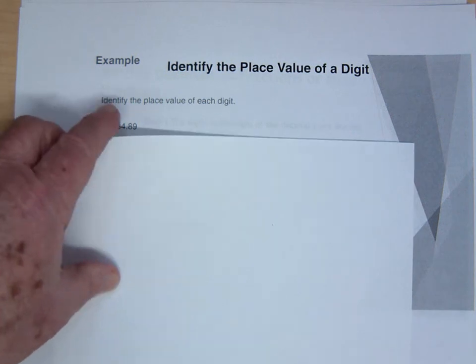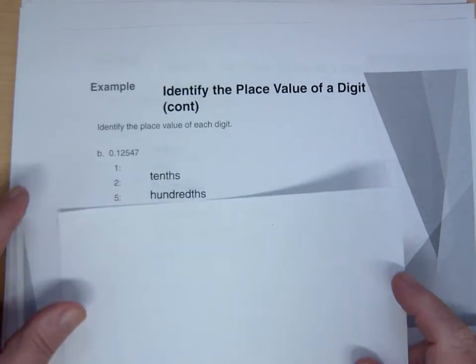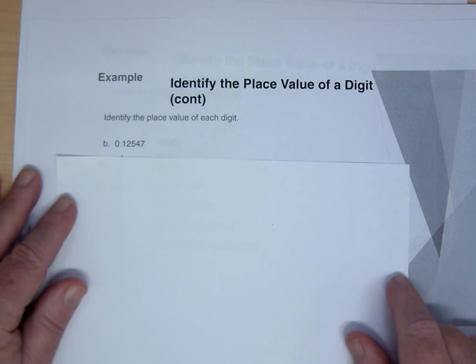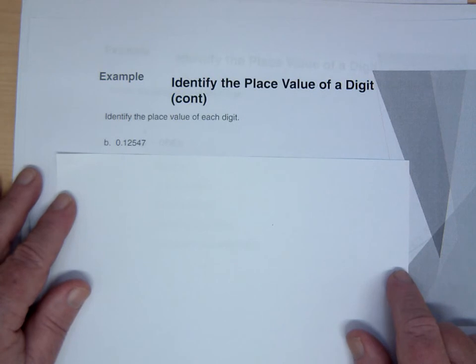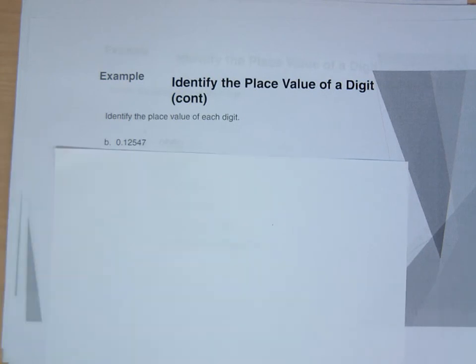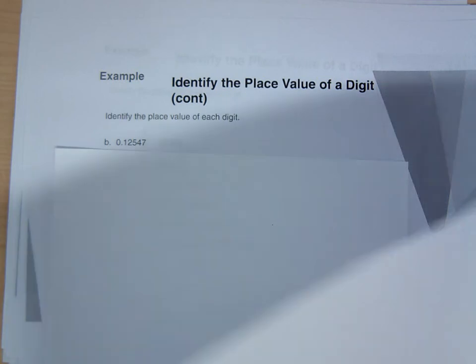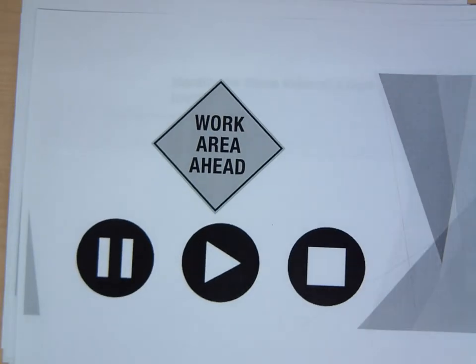Similarly, for this example, we would say that the 1 is in the tenths place, the 2 is in the hundredths place, the 5 is in the thousandths place, the 4 is in the 10,000ths place, and the 7 is in the 100,000ths place.